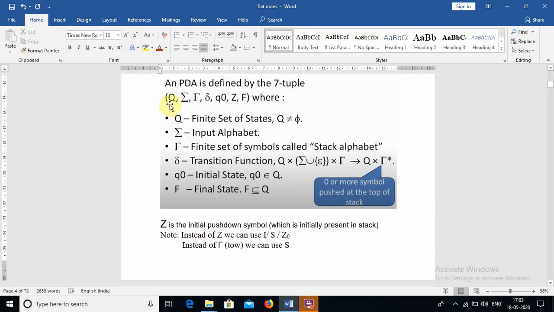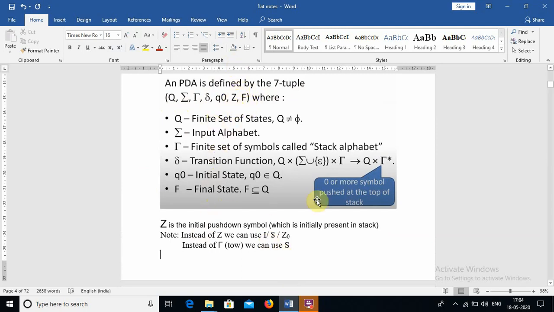Q is the set of states, sigma the input alphabet, tau the set of stack symbols, delta the transition function, q0 the initial state, Z0 the initial symbol of the stack, and F the set of final states.